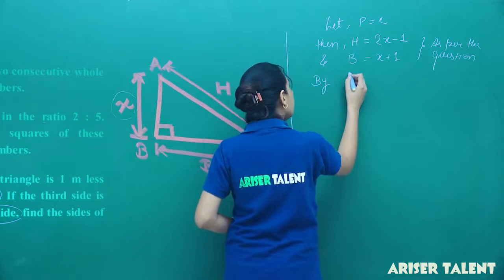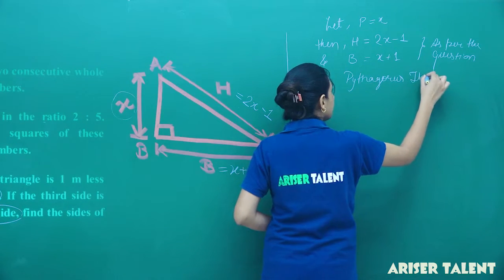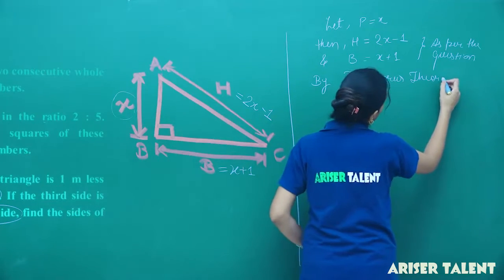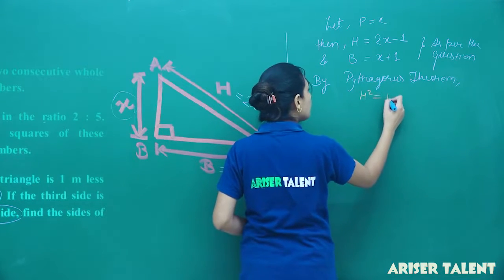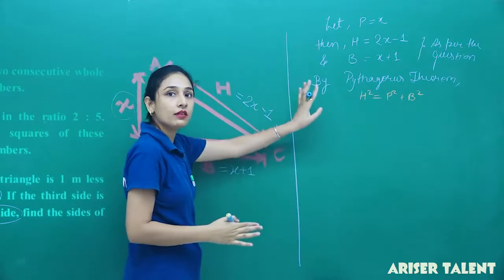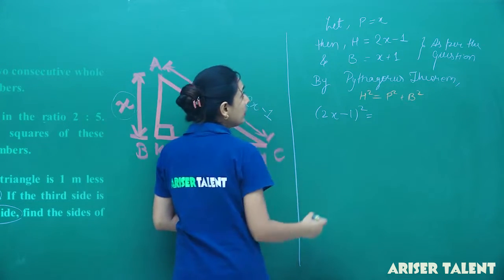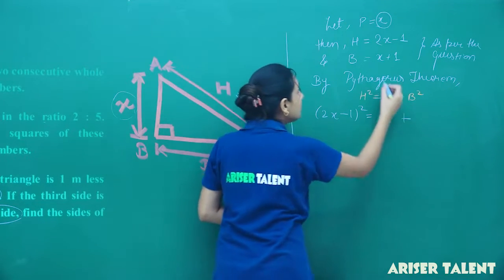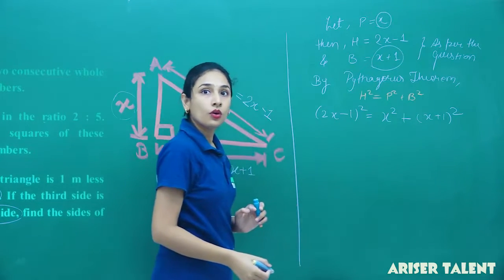By Pythagoras theorem, hypotenuse square equals perpendicular square plus base square. Now I am just writing the values: 2x minus 1 whole square equals perpendicular x, so x square, plus base x plus 1 whole square.